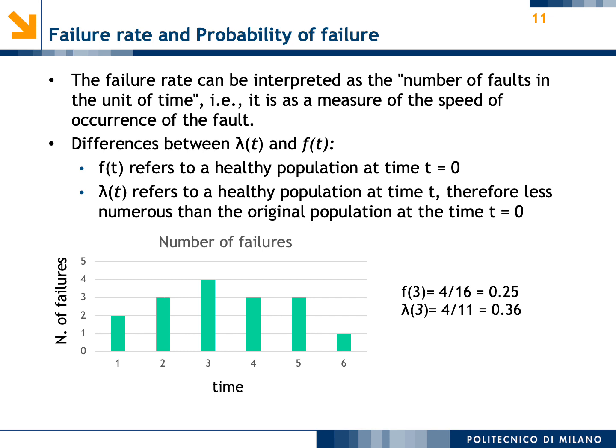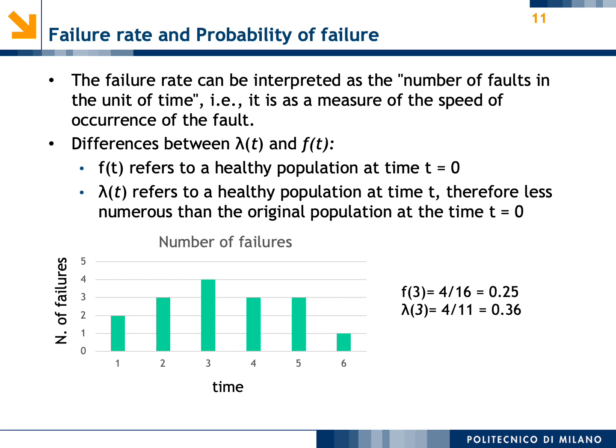To better understand the difference between the failure rate and the probability of failure, let us consider a very simple example in discrete time. The failure rate can be interpreted as the number of faults in a unit time.